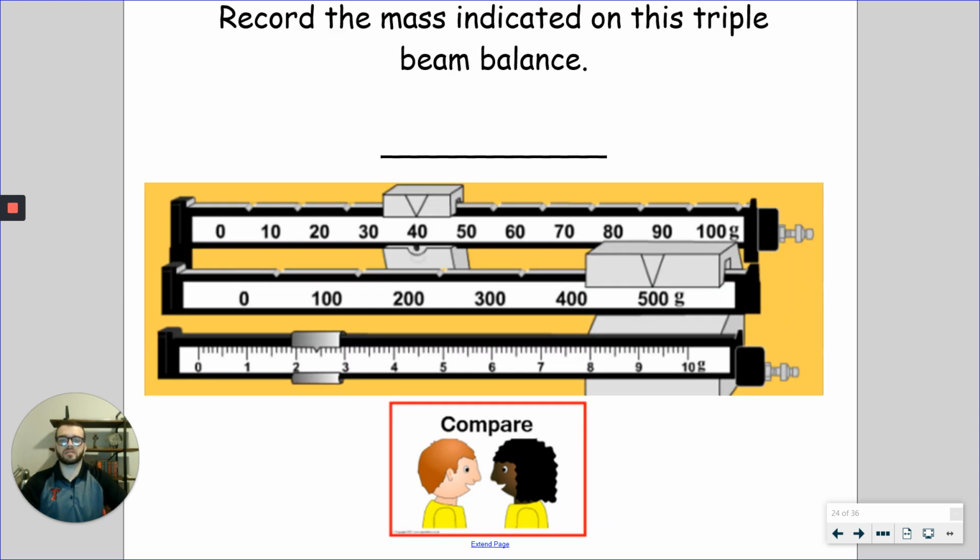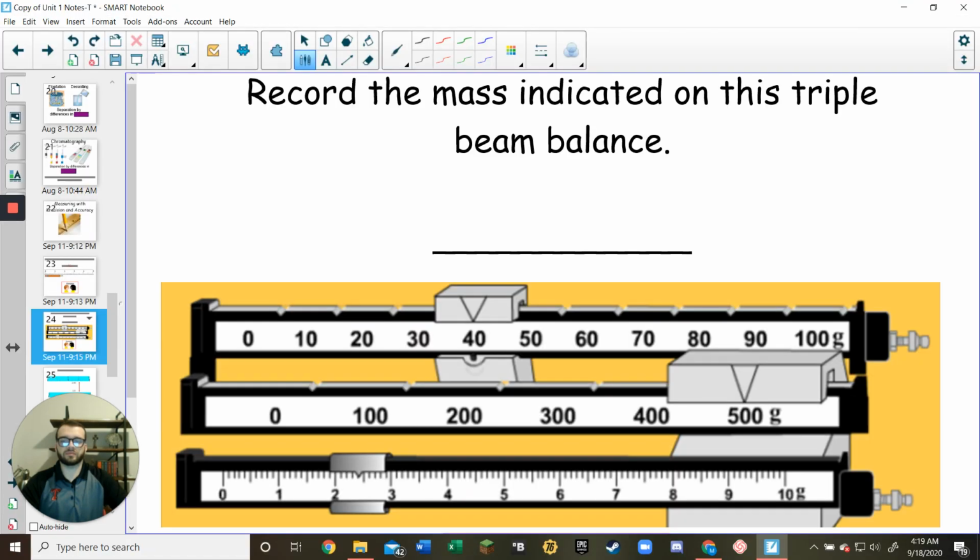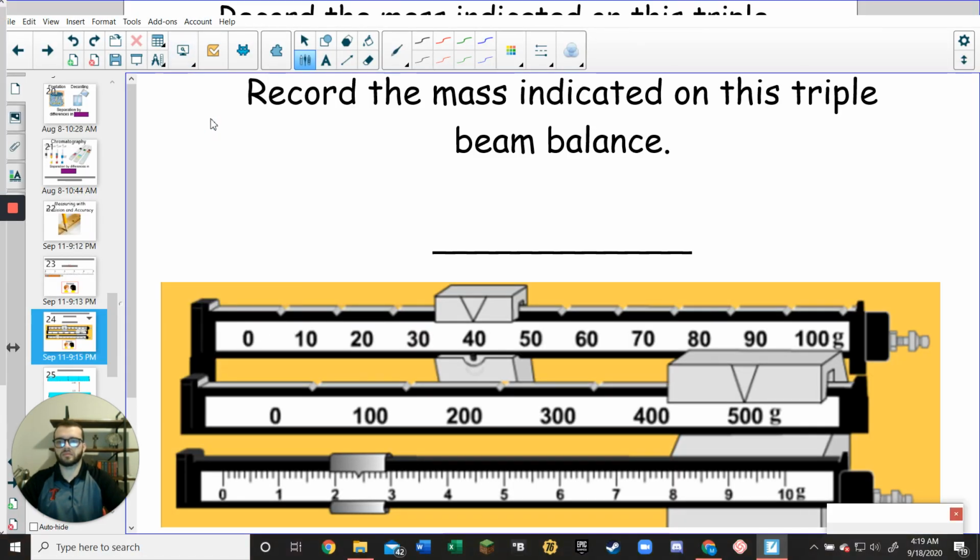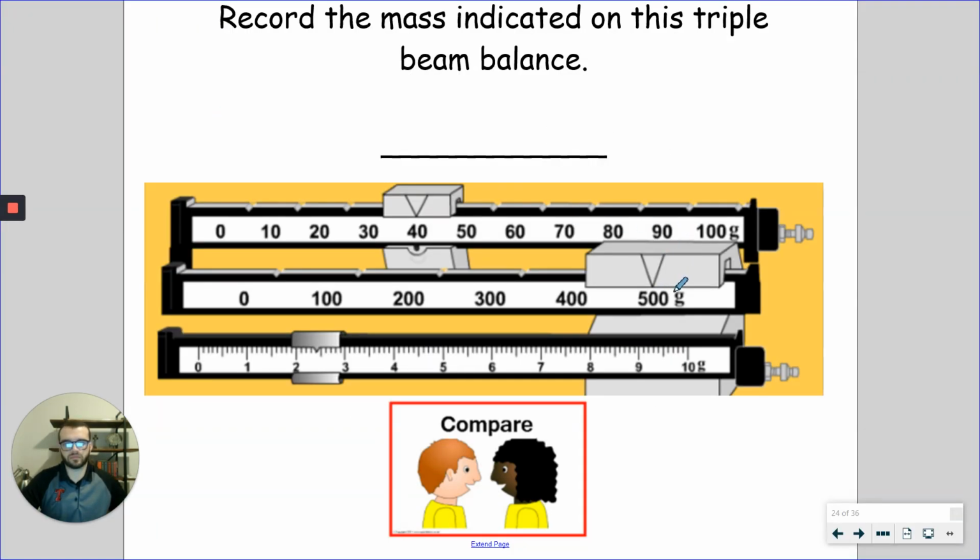The 5 is kind of a guesstimation because we just don't know. Okay, let's record the mass. We know we got 500 there, so it's going to start with 500.